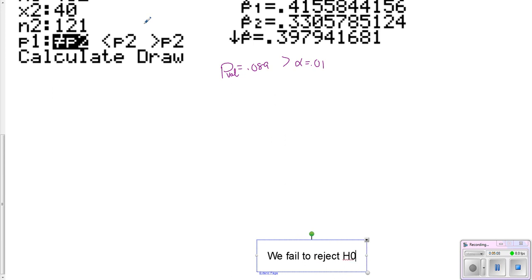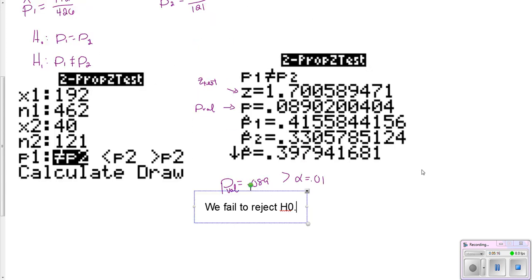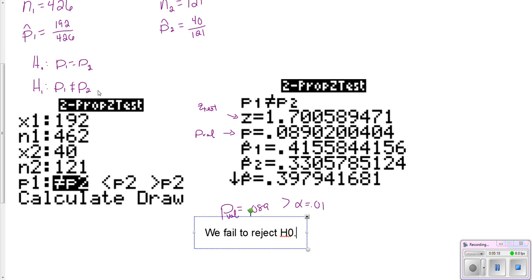So what does it mean for us to fail to reject the null hypothesis here? Well, because we're failing to reject the null hypothesis, we do not have sufficient evidence that there is any difference in our sample proportions.